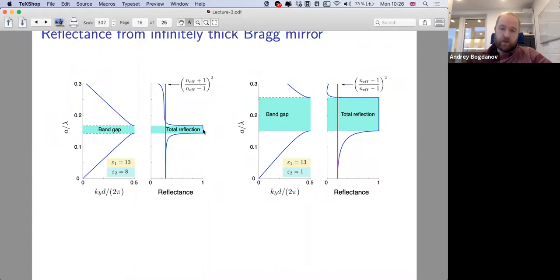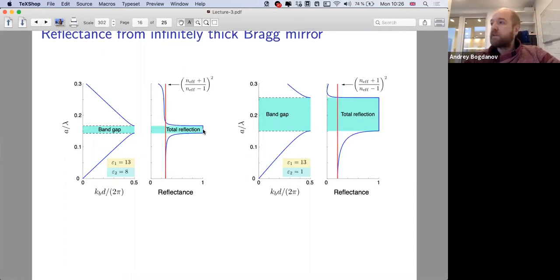You can have the band gap for some angles of incidence and maybe even for both polarizations, but you could find some angle of incidence where you will have some transmittance through the structure. But a complete gap is possible to realize even for dielectric materials in a 3D photonic crystal.